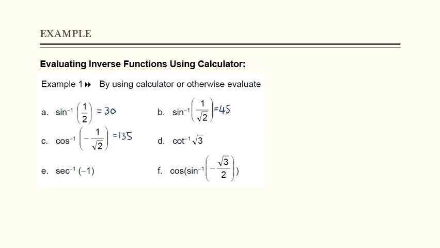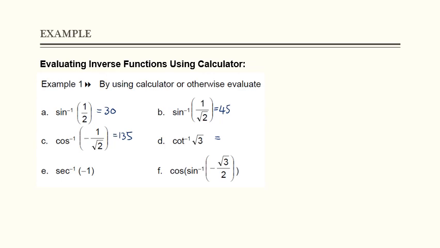How to find cotangent inverse of square root 3? Secant, cos, how to find them? Cotangent is 1 over tangent. You must first know what cotangent is, so look back at the trigonometric identities earlier. It is 1 over tangent.